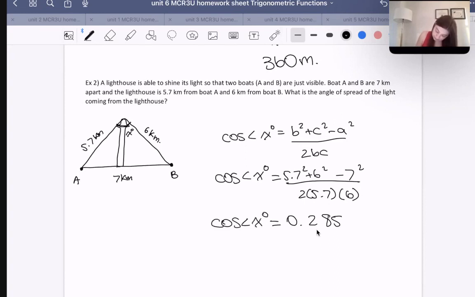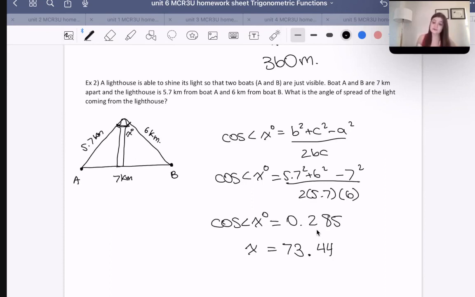And then I'm going to press the second function button and then cosine to get inverse of cos, and then press enter, and that will give me x. X is equal to 73.44. Now, in general, they usually do ask you to round to the nearest number of degrees. Here, they didn't actually specify that, but I'm going to assume that here as well, that it's approximately 73 degrees.